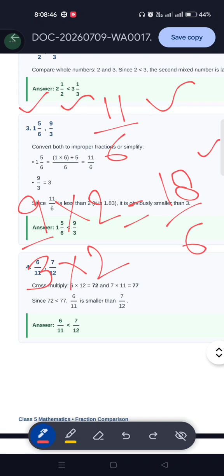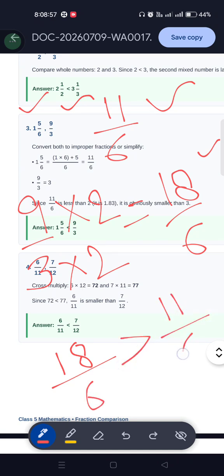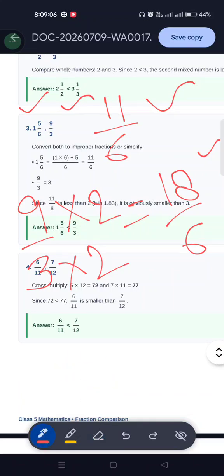Okay, so here 18 upon 6 will be greater than 11 upon 6. Okay, also you can say one more thing here, that 11 upon 6 is less than 18 upon 6.